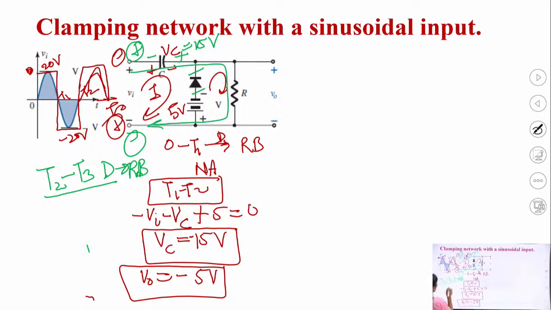So it is Vi plus Vc, because now we will take this sign. So Vi plus Vc minus V naught is equal to 0. So V naught is equal to Vi plus Vc, and Vi is plus 20, Vc is 15. So V naught will be 35 volt.